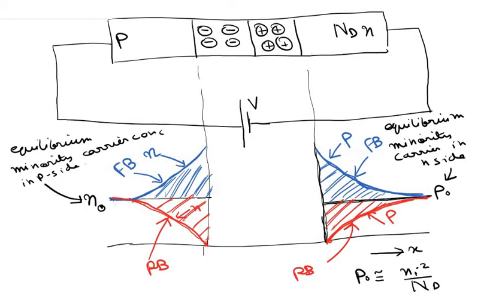Okay, so this is equivalent to the behavior of a capacitor, and since this minority carrier concentration actually builds up due to diffusion of electrons from the n side to the p side and due to diffusion of holes from the p side to the n side, the capacitance that arises from this charge is known as the diffusion capacitance.